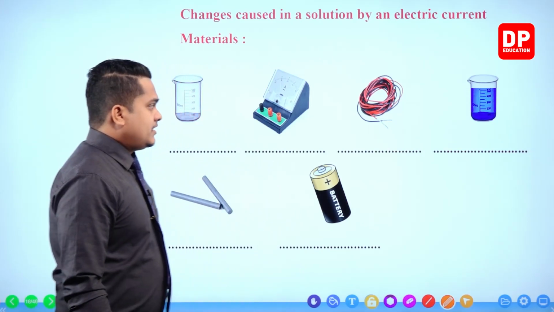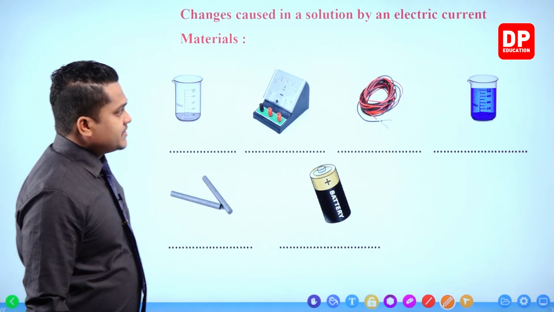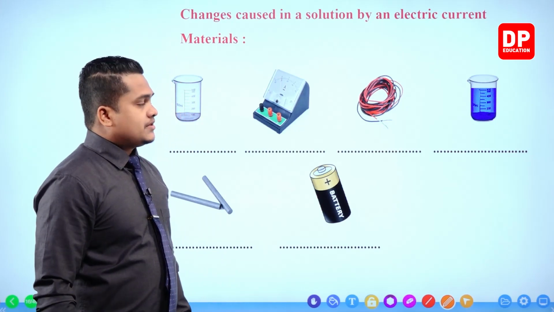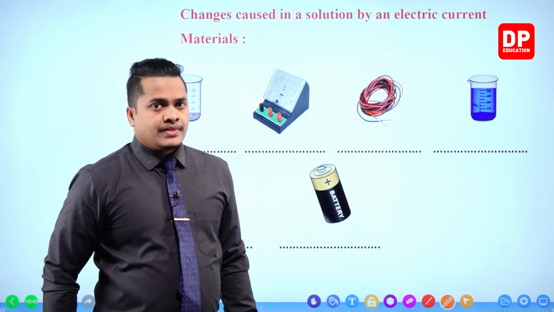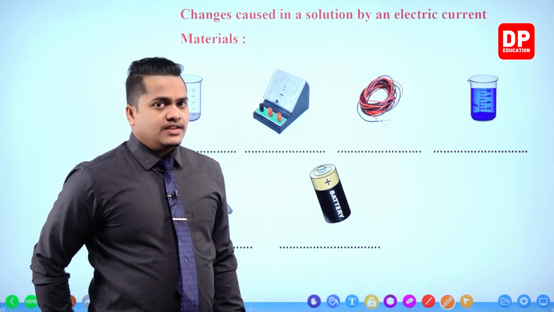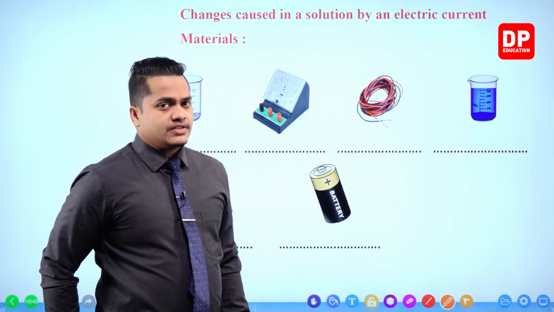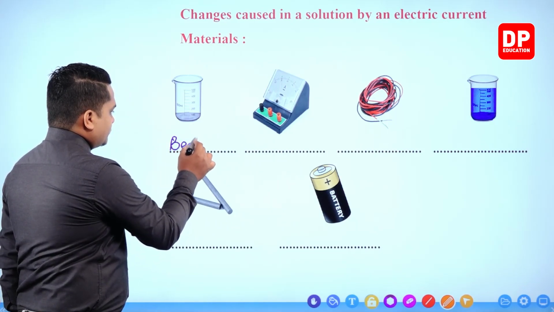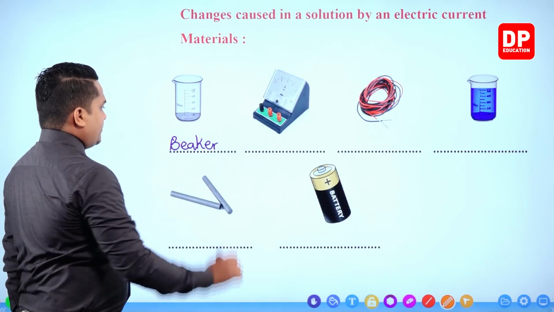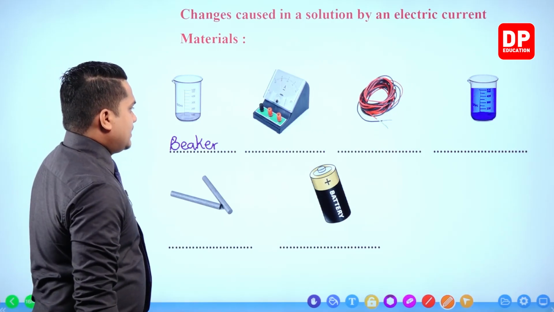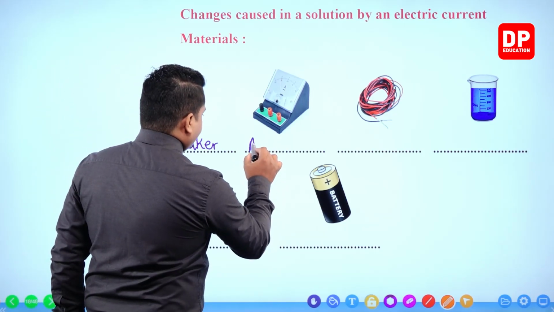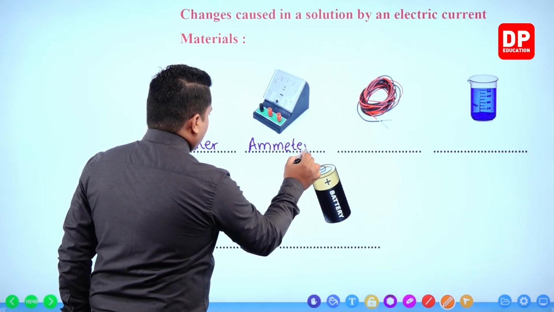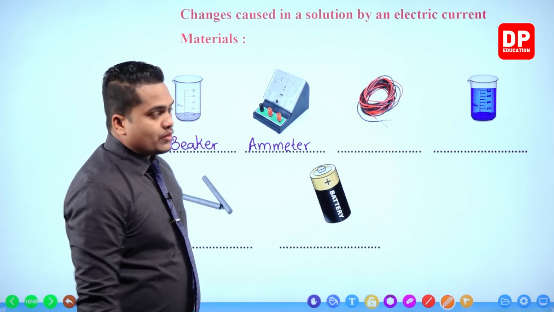Here we are using these materials to observe what is going to happen within the electrolyte when providing electricity. First of all, you'll need a beaker, then an ammeter. It's better to use a center zero ammeter.